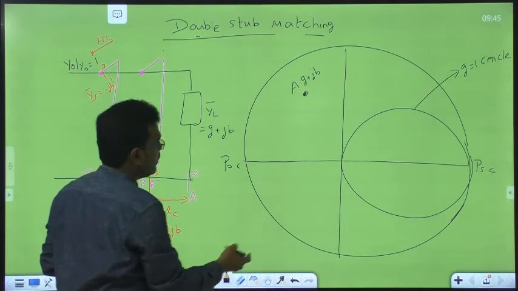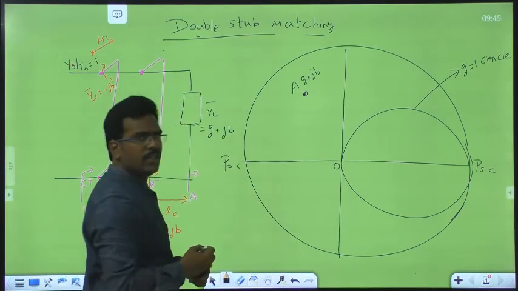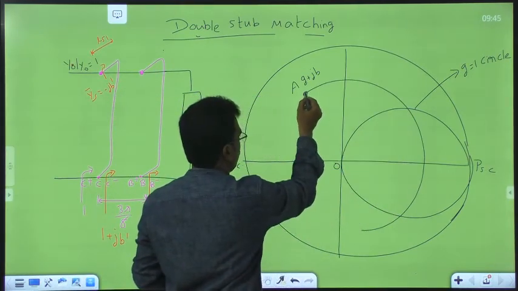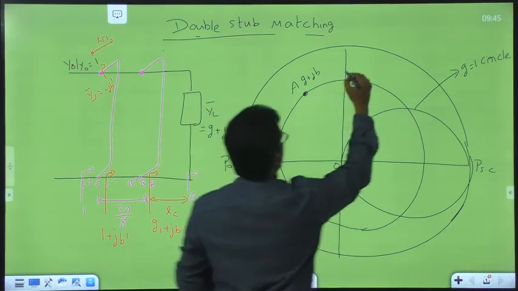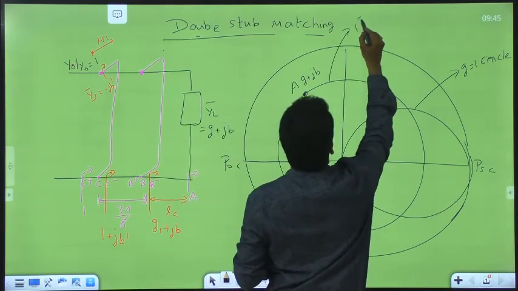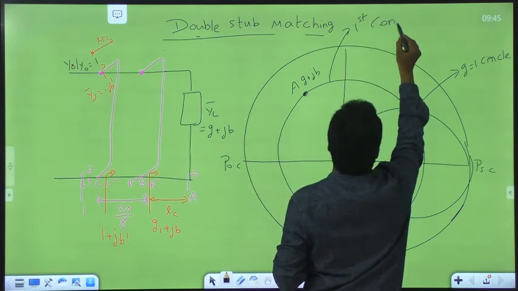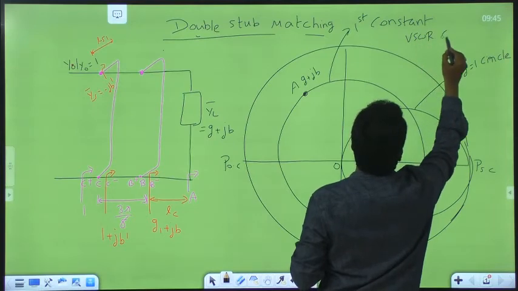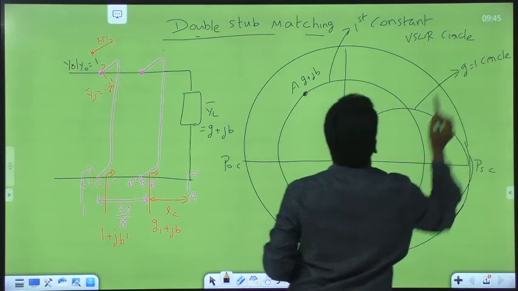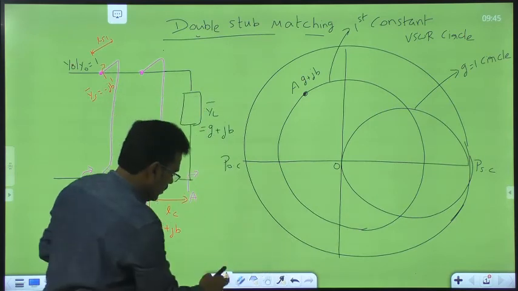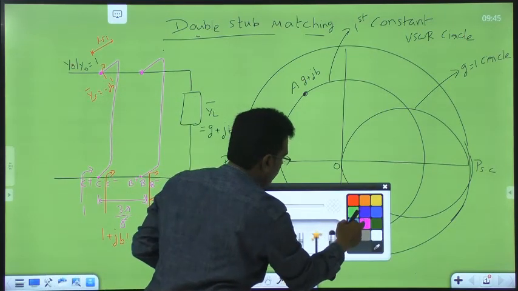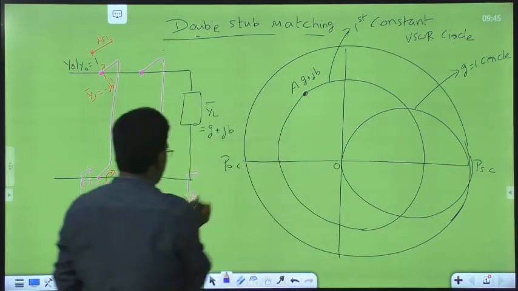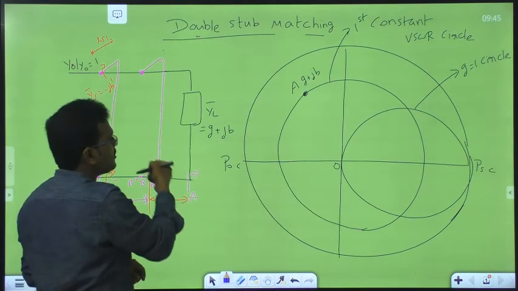What is the next one? With OA as radius, draw the circle. What is that circle? Nothing but a constant VSWR circle. So this is the first constant VSWR circle. Okay. The next step is from A, you have to travel some distance of L suffix C to reach the B minus point.